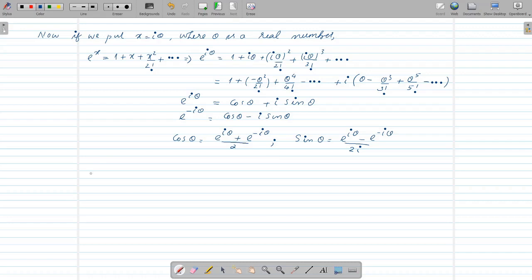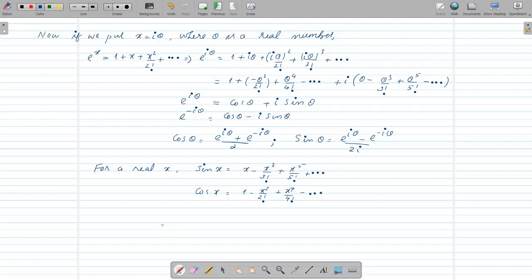So for that, consider, we know that for a real x, sine x is equal to x minus x cube by factorial 3 plus x raised to 5 by factorial 5 plus etc. and cos x as 1 minus x square by 2 factorial plus x raised to 4 by factorial 4 minus etc.